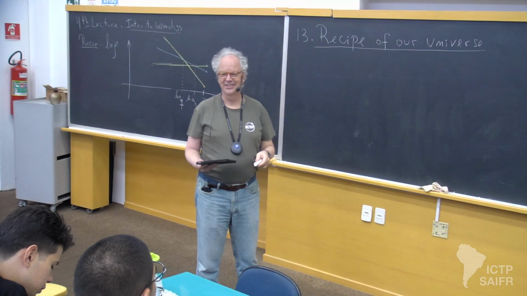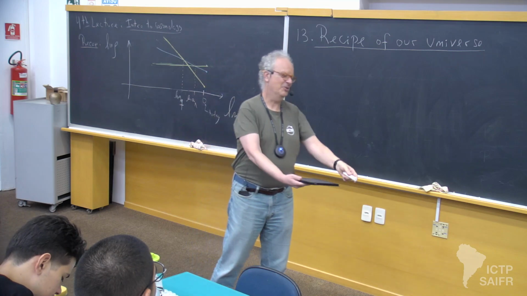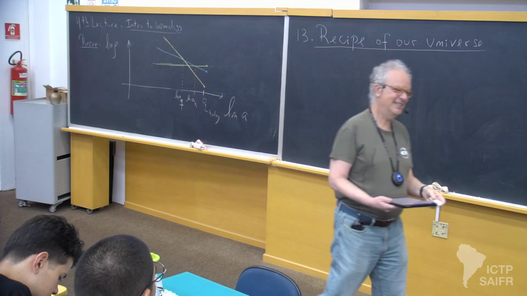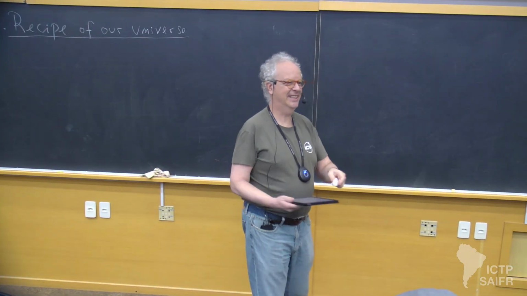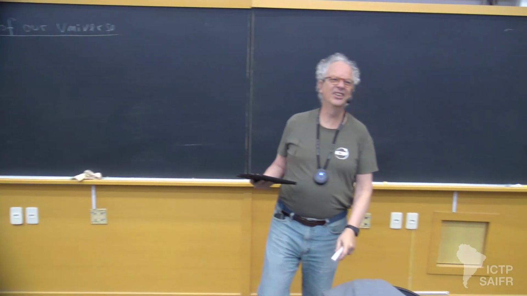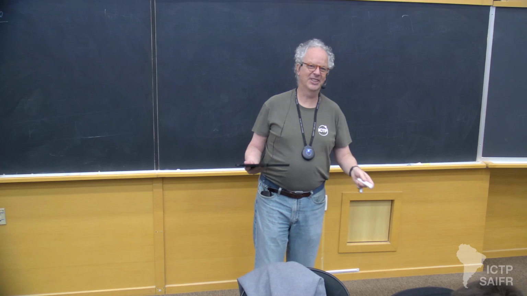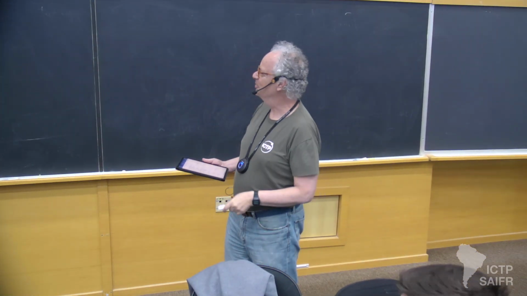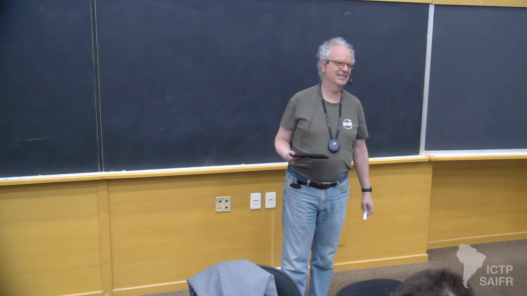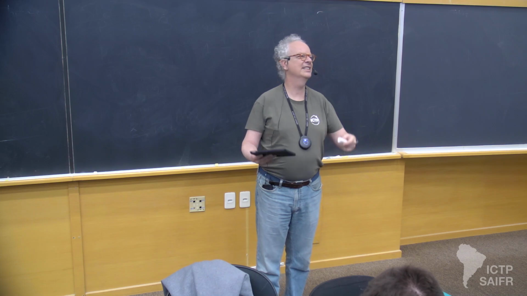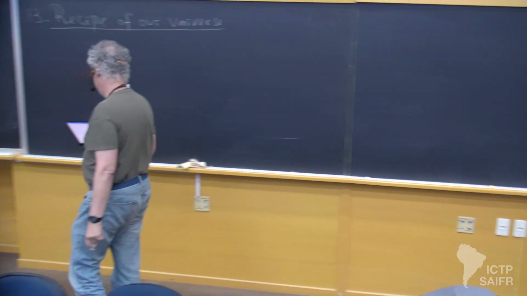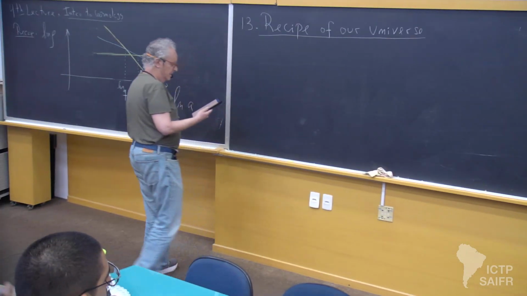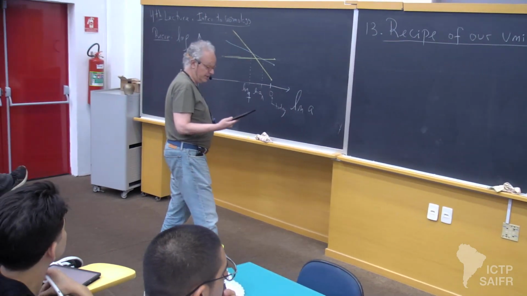You put, I don't know, one kilo of rice, 1 liter of water, some oil, and then let it cook. So those are the ingredients of the recipe. So what is the recipe of our universe? What is the universe made of? What do we need to characterize the universe? That's what we're going to talk about today.